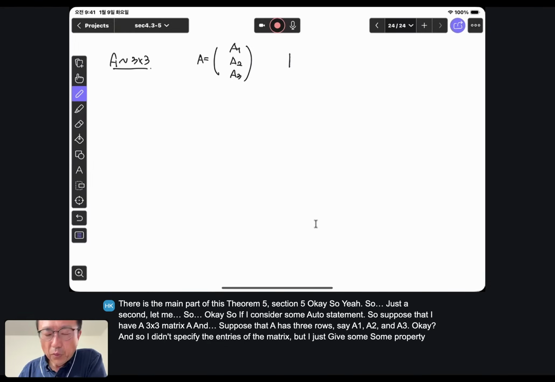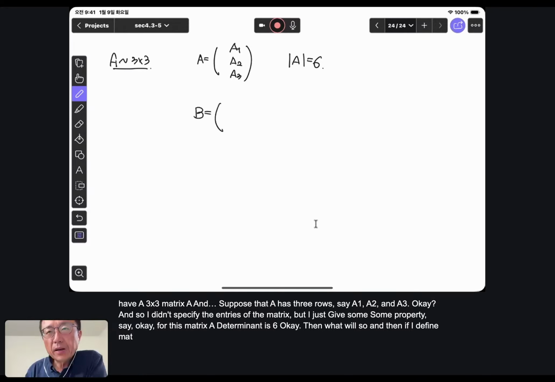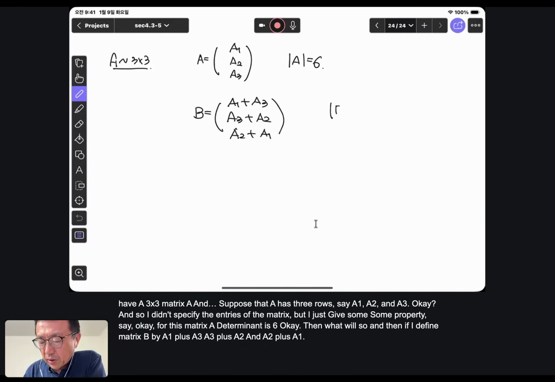Say, for this matrix A, the determinant is 6. And then if I define matrix B by A1 plus A3, A3 plus A2, and A2 plus A1, then what is the determinant of matrix B?